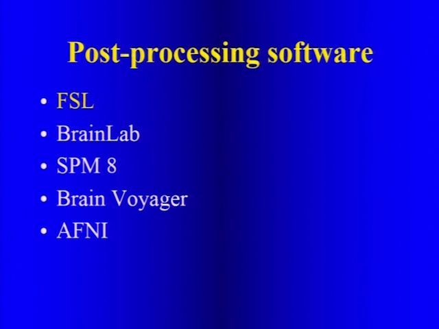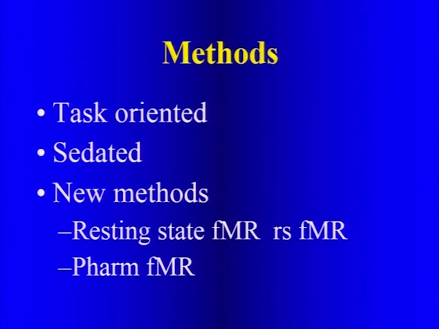More recently, we've also used BrainLab, which is a neuronavigational tool. Their software is fairly robust, and it also lends itself in that you can do image co-registration, and it allows you to work with the neurosurgeons to co-register these functional MR images on the anatomic.